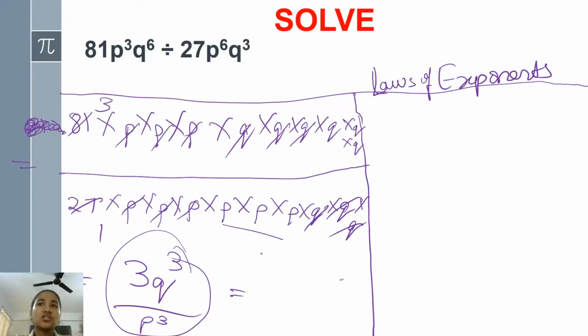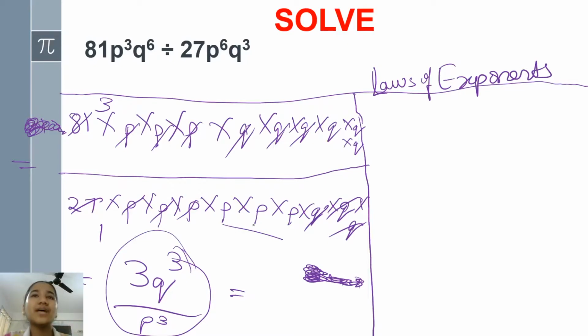Changing it to another form I'll be explaining in some other class. So just try to understand that this is the thing. Did you understand the concept? It's 3q cube by p cube. So by cancelling, we have done it.